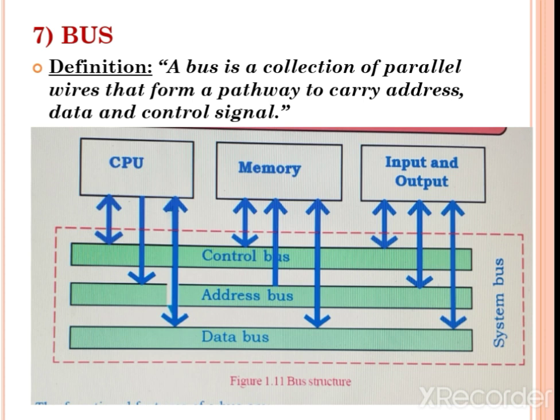Here the different components of computer, that is CPU, input output unit and memory unit, are connected to each other by a bus. And here the data, instructions and the signals are carried between the different components through a bus.